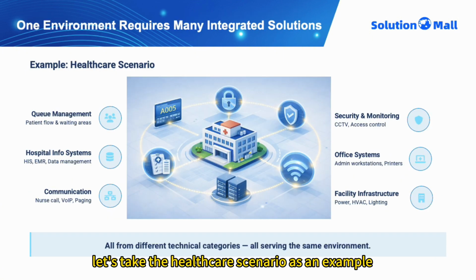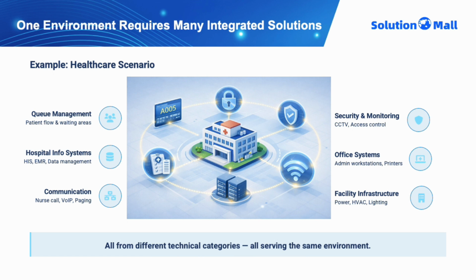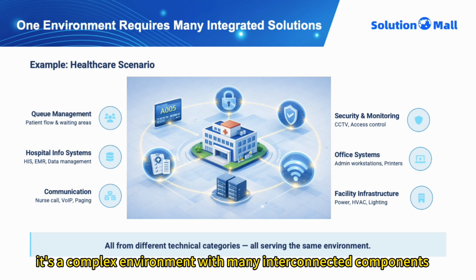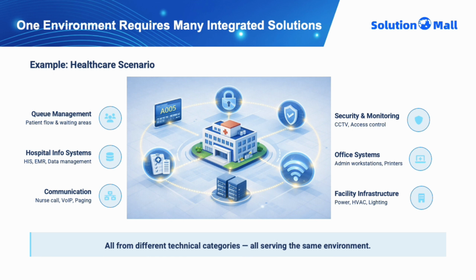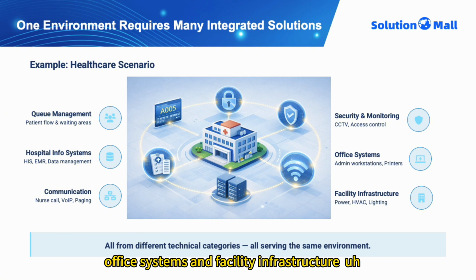Let's take the healthcare scenario as an example. A hospital is not just one system. It's a complex environment with many interconnected components. For example, queue management system, hospital information systems, communications infrastructure, security monitoring, office systems, and facility infrastructure.